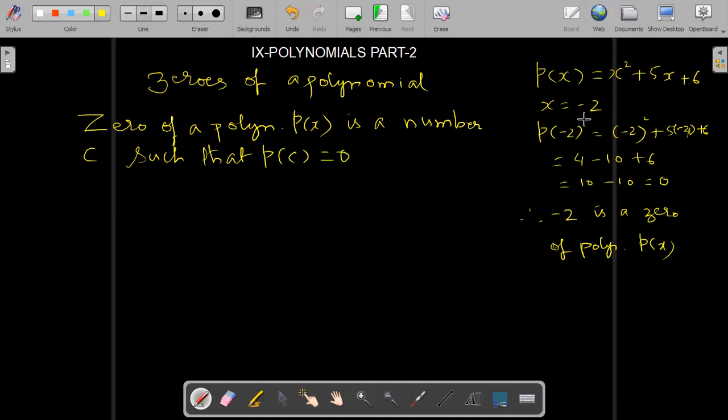So this is the definition of zero and this is the example I gave you. You should write the example after the definition. And now there are some important points that you have to remember regarding the zeros of a polynomial.